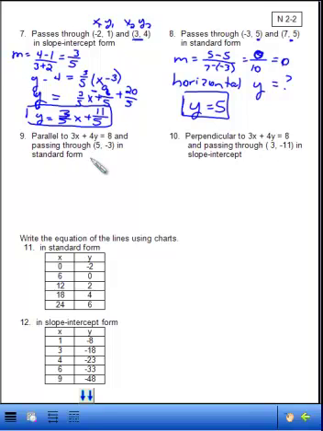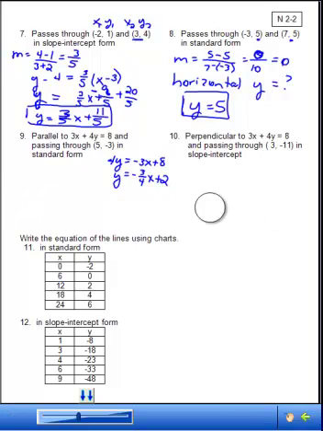Parallel to this line, passing through this point. First we have to find out what the slope of that line is. So 4y. And actually this is the same line, so let's do that in the middle. We have 4y is equal to negative 3x plus 8. And when I divide by 4, negative 3/4 x plus 2.